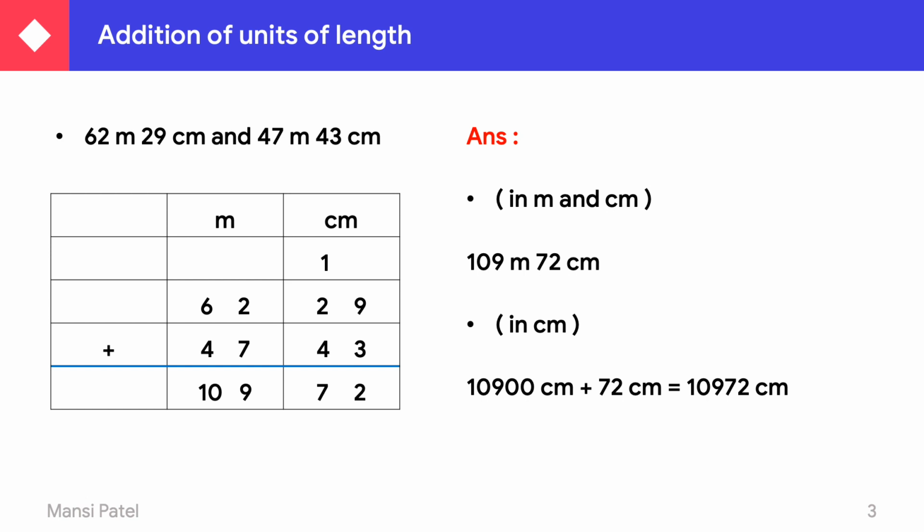Again in the question there is a centimeter, so you have to add both. 10,900 centimeter plus 72 centimeter is equal to 10,972 centimeter.